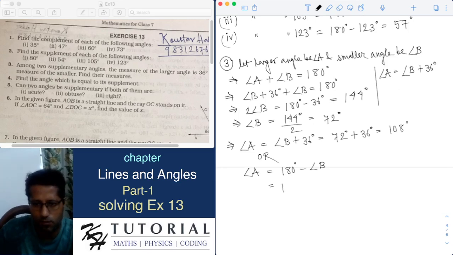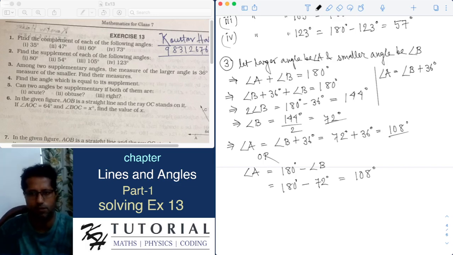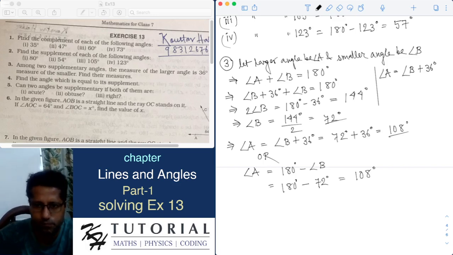So this is 180 degree minus 72 degree, which is 108 degree. So 108 and 72 degrees are the angles. You just find their measures. Okay.